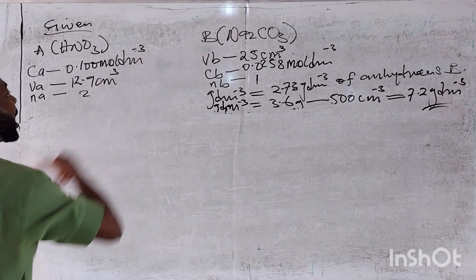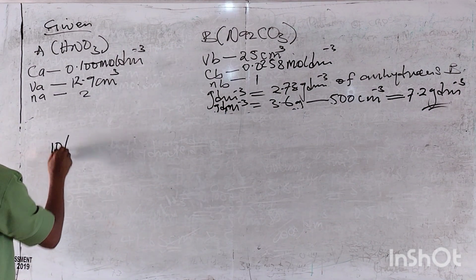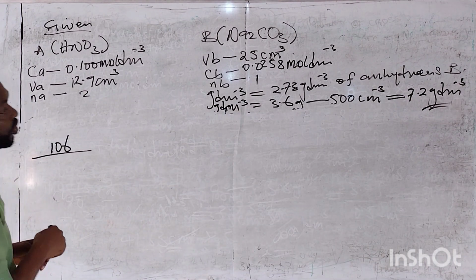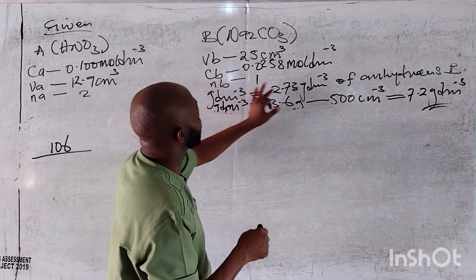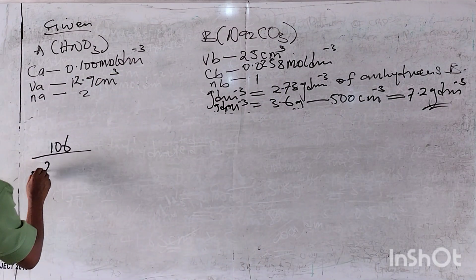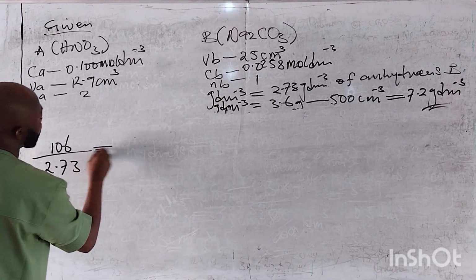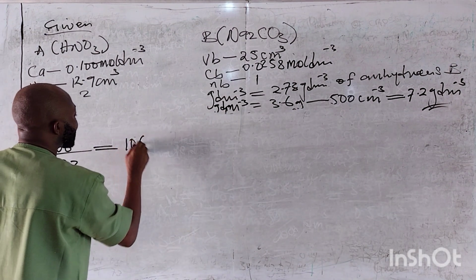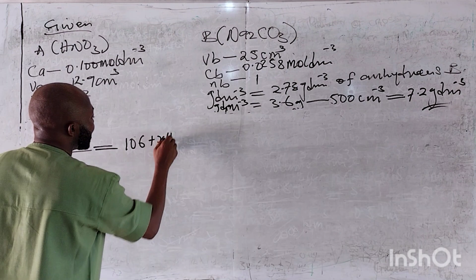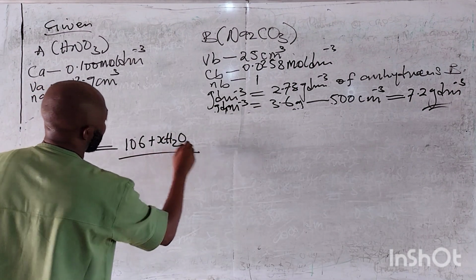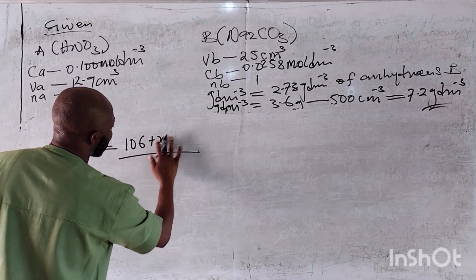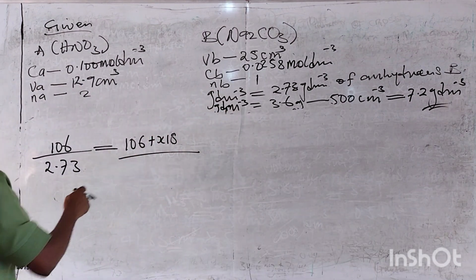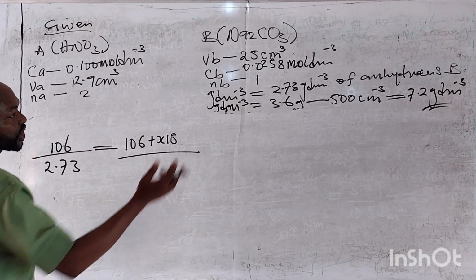Relative molecular mass of the anhydrous, which is 106, over mass concentration of the anhydrous, which is 2.73, equals relative molecular mass of the hydrated, which is 106 plus x times 18, x being the water, all over mass concentration of the hydrated, which is 7.2.